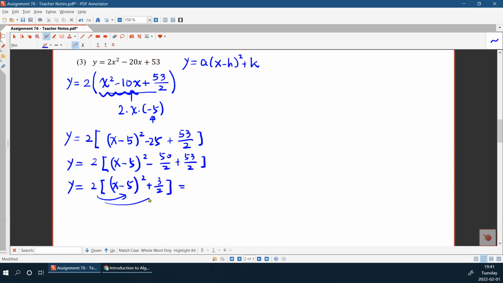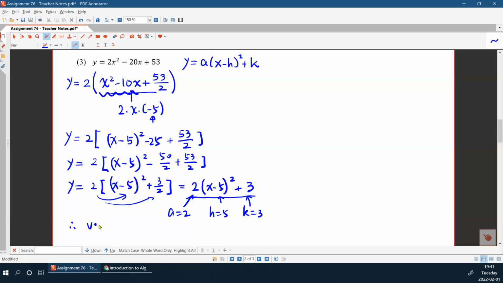Then multiply 2 inside the brackets, you will have y equals 2 times (x minus 5) squared plus 3, right? As you can see, this is already in vertex form. So a is 2, h is 5, and k is 3, right?